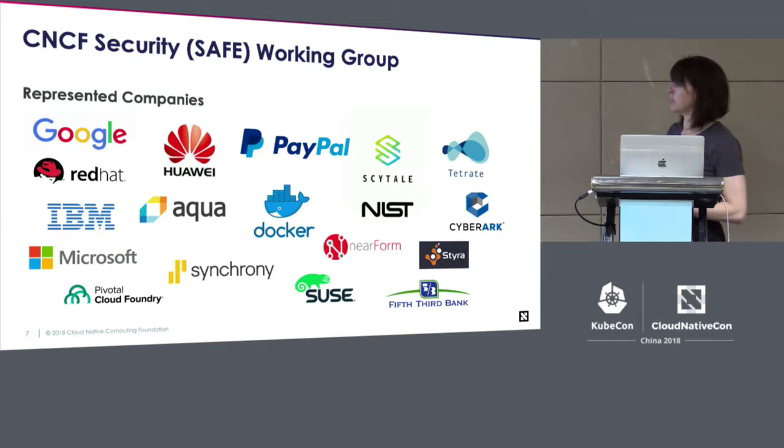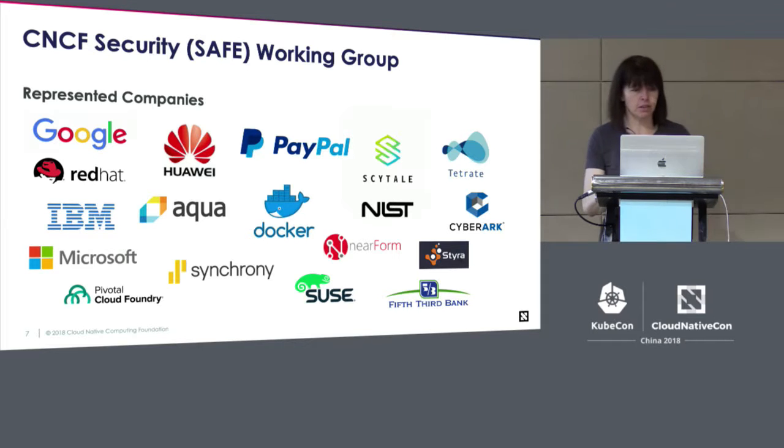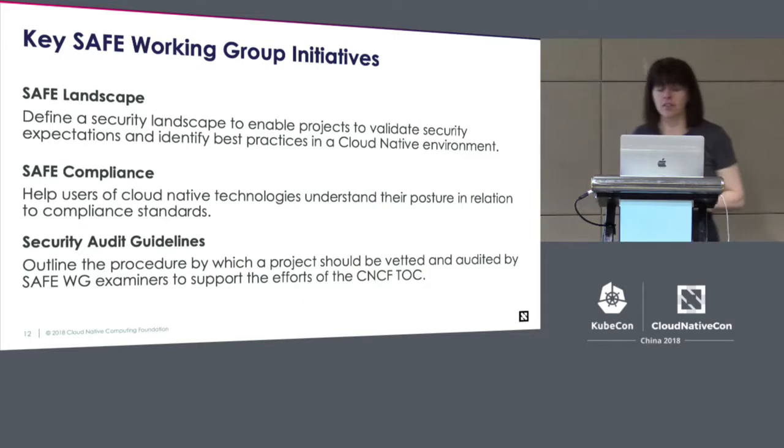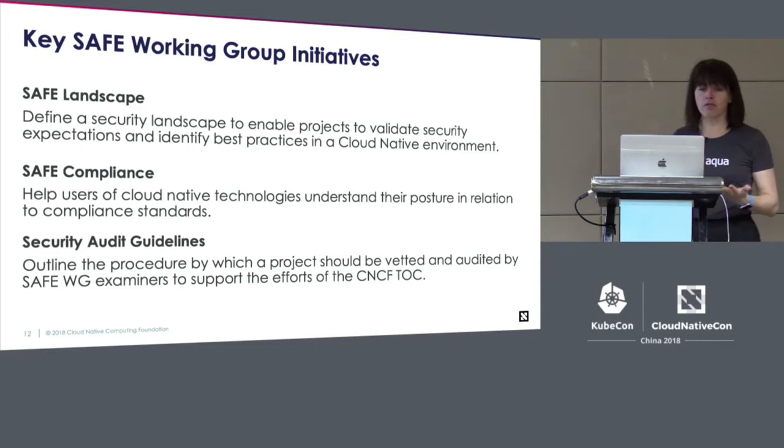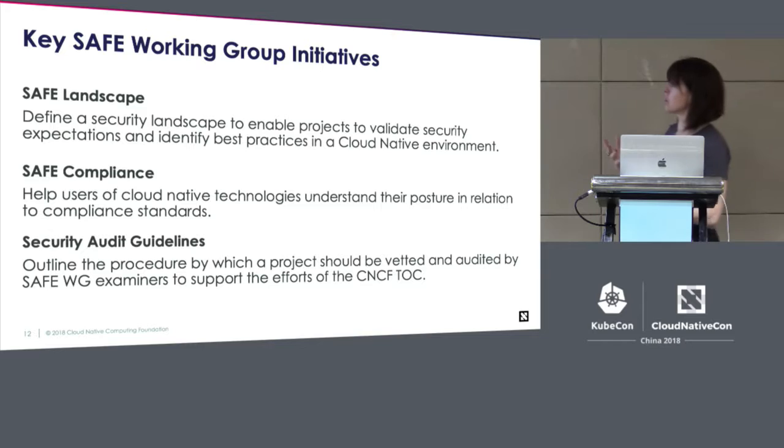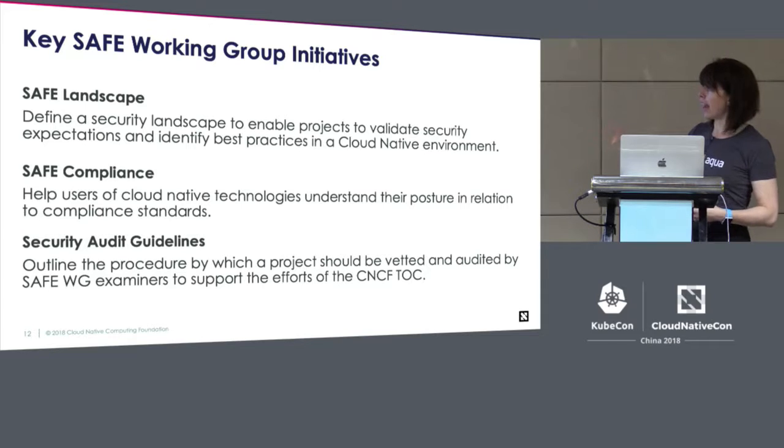We have about 20 different organizations currently represented in the working group, and these are three main initiatives that we've been working on. One is a landscape to try to understand what security best practices should be in a cloud-native environment and how those map to the different projects.